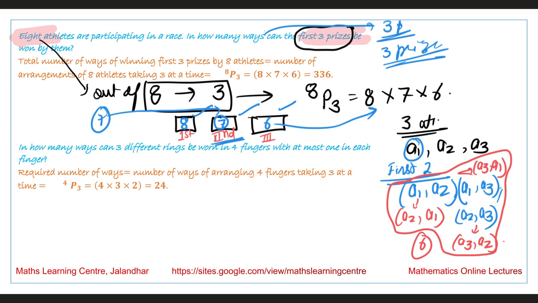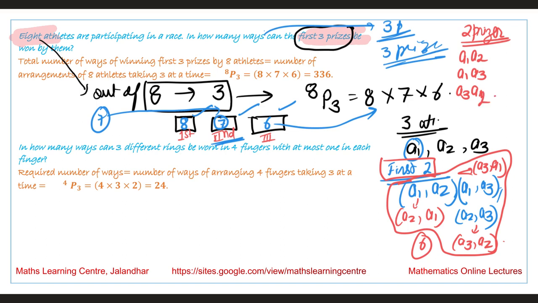But suppose we are not saying the first 2 prizes, we are saying that 2 prizes are to be distributed. Then either A1 and A2 get the prize, A1 and A3 get the prize, or A3 and A2 get the prize.